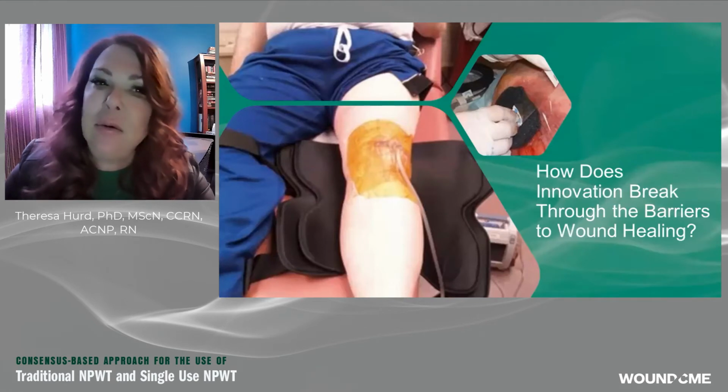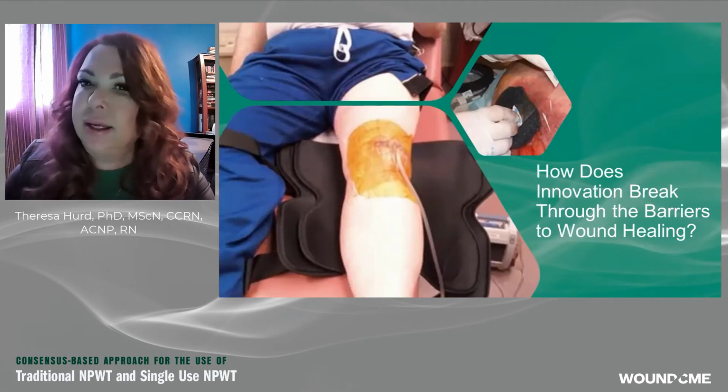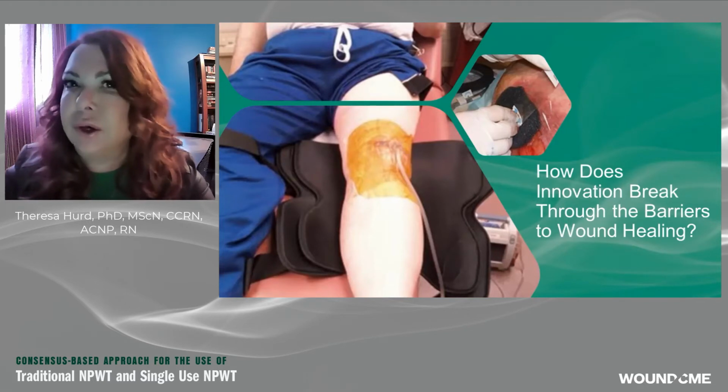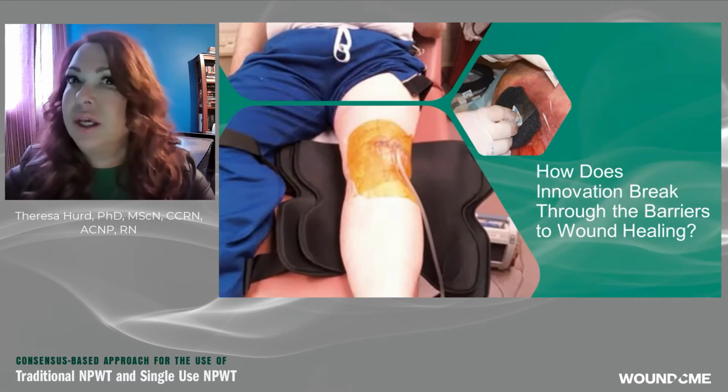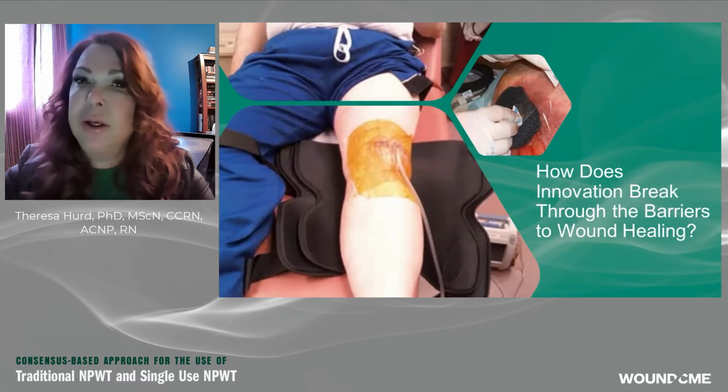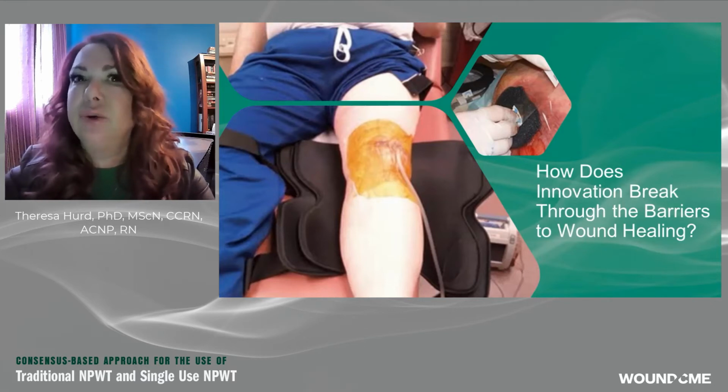When we start to look at innovation, and negative pressure itself was innovation some years ago, when there was no such thing for wound therapy, when we just sort of put dressings on and crossed our fingers. Now we have dressings and treatments that actually interact at that molecular level to help with healing times.